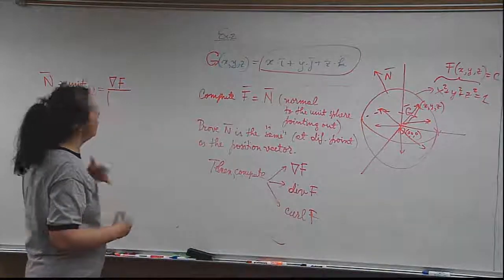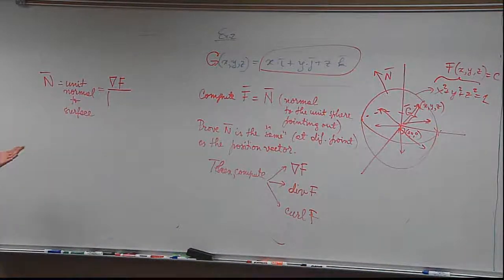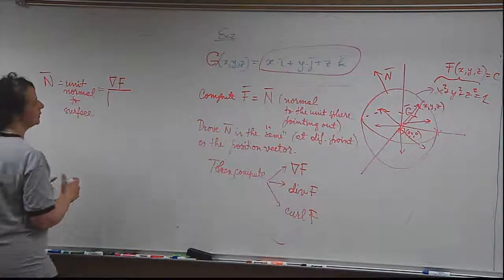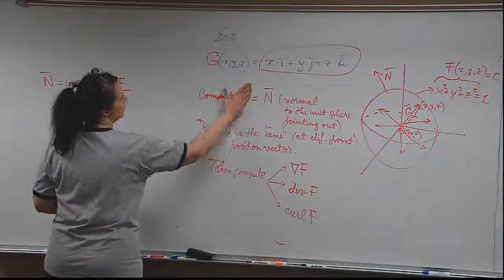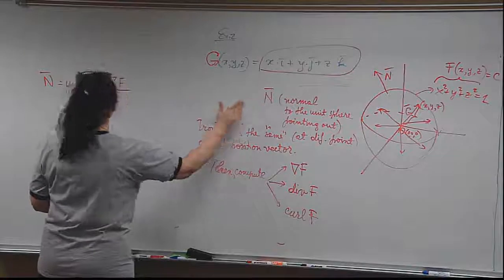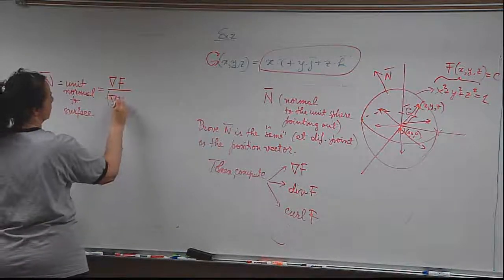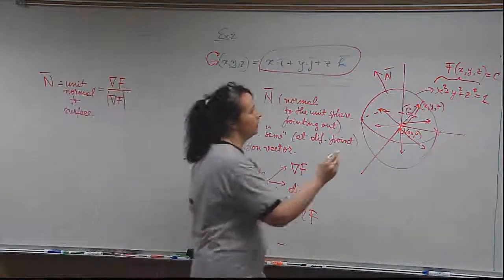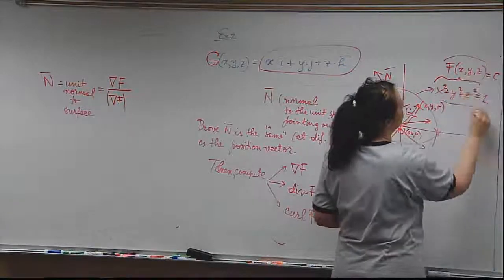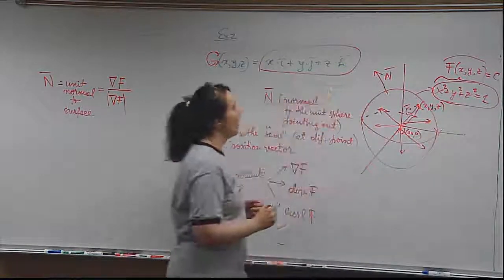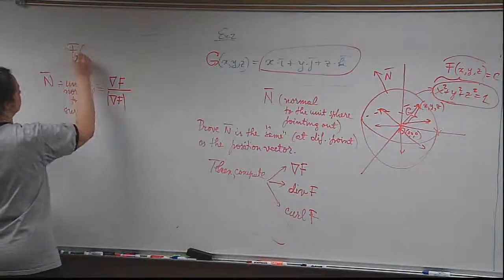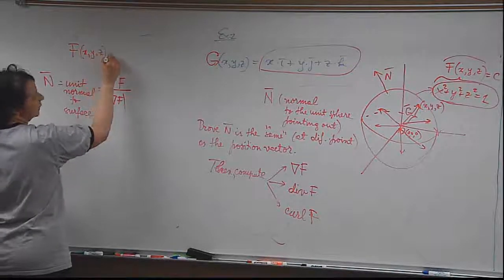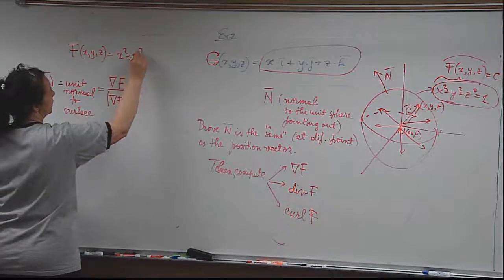Big deal. Now I'm trying to convince you that for the unit normal for the sphere, I'll have the same kind of thing. So how do we compute this normal? I take the function f that implicitly defines the surface. In my case, f is x squared plus y squared plus z squared.